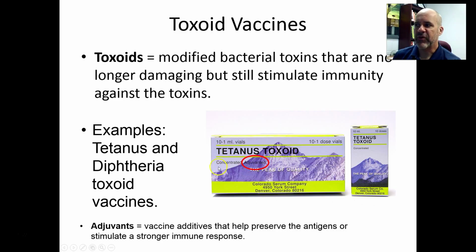Notice here on the box, I wanted to highlight this word adjuvanted, because you may see that if you're working with patients who are getting vaccines. This is something else that the anti-vaccination crowd gets upset about. Adjuvants are things that have been added to the vaccine formulation, a catch-all term for things that might help preserve the antigens, and or, when they inject them into you, things included that help provoke stronger inflammation and a stronger immune response.